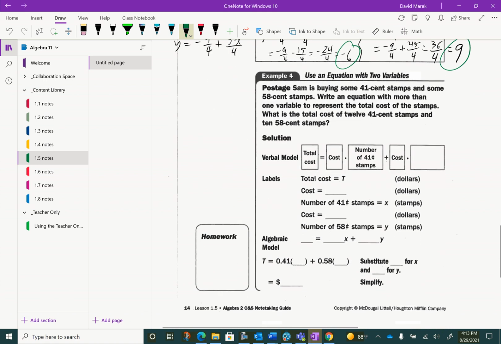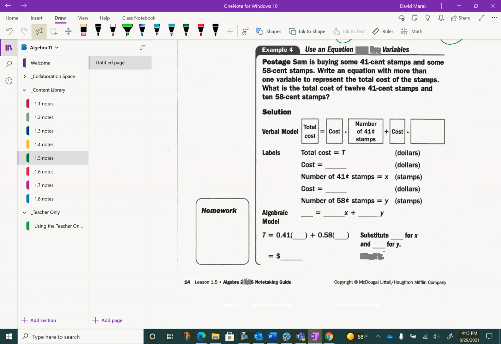All right, and for the last one here, converting it from English into math. Sam is buying some 41-cent stamps and some 58-cent stamps. Write an equation with more than one variable to represent the total cost of the stamps. And then we can answer the question, 12 of these and 10 of those is how much?